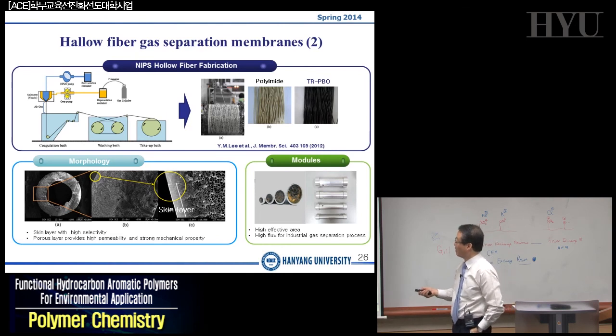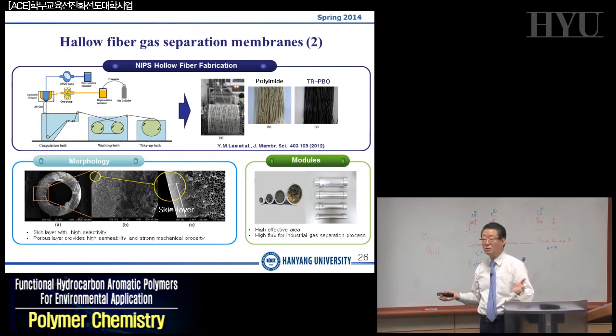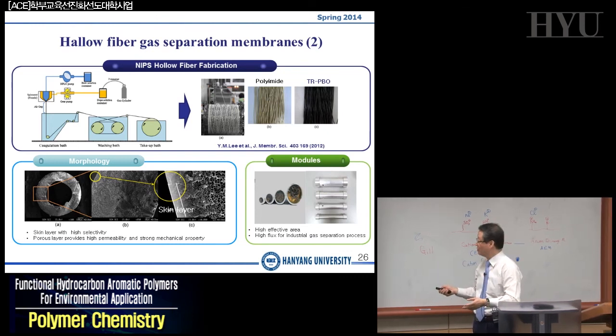So you can make a hollow fiber, and if you put several hundred or several thousand fibers inside of those tubes, then you can make what we call a module. Okay, we can make a module out of those fibers.